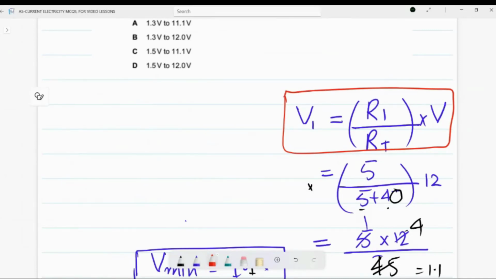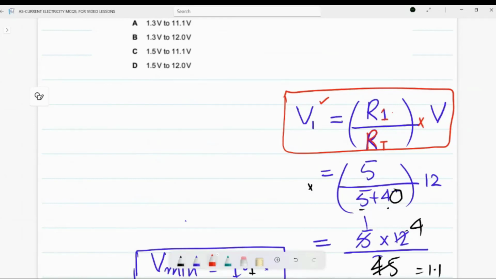That you are not required to calculate current here. The potential difference across any resistor R1 is V1 equals R1 divided by the total resistance of that entire circuit, which is in series, times the entire potential difference, or you can say the EMF.